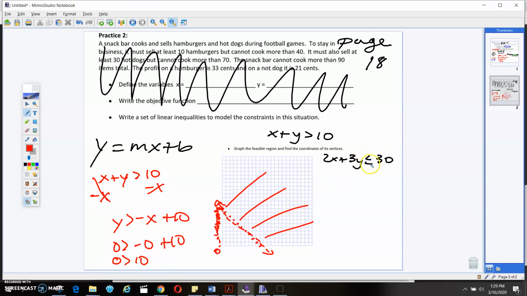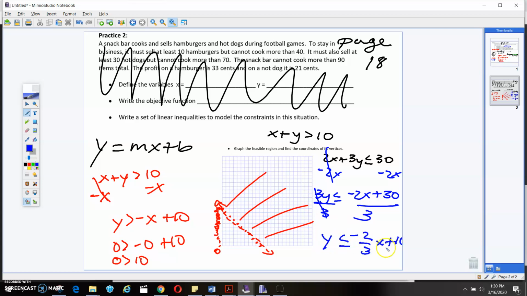I'm going to do the same thing for this other inequality. I subtract 2x from both sides to get negative 2x plus 30, then divide by 3 on both sides, and y is less than or equal to negative 2/3 x plus 10. Again, I'm going to plot this.